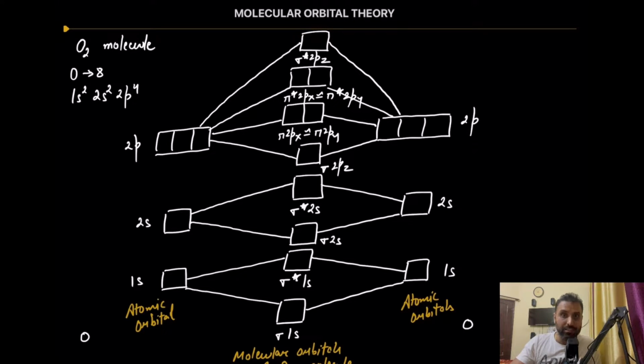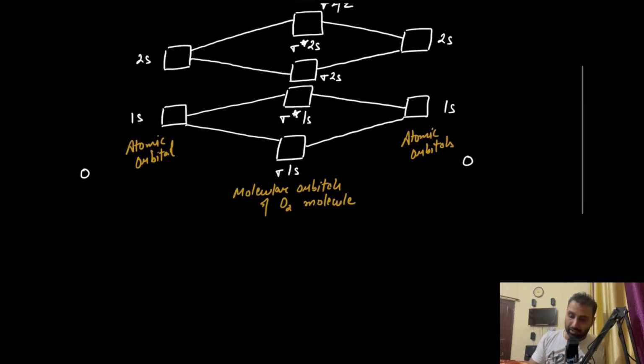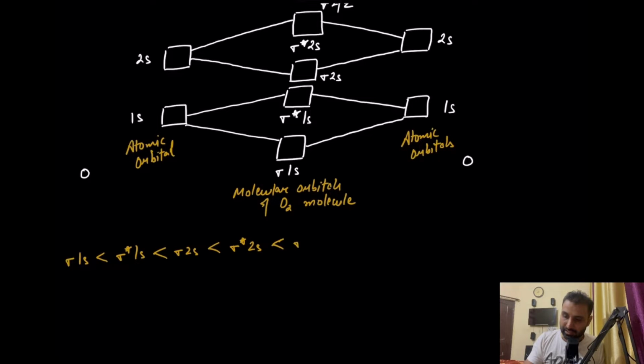So I am writing the energy order for these molecular orbitals now. The lowest energy is of sigma 1s, then there will be increase of energy, and now it is sigma star 1s. Now there is a turn of sigma 2s. Now there's the turn of sigma star 2s. After that sigma 2pz. After that pi 2px, pi 2py.